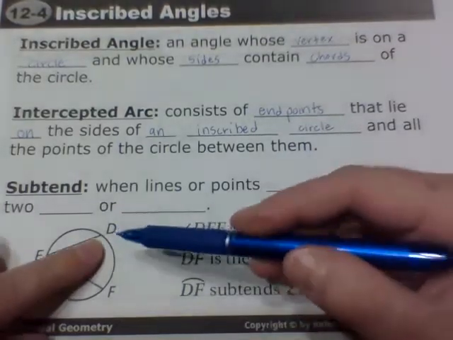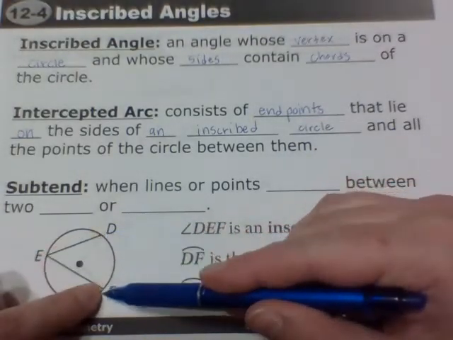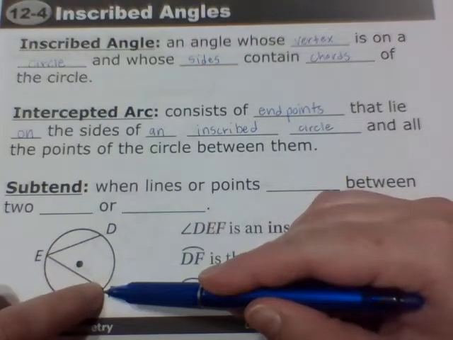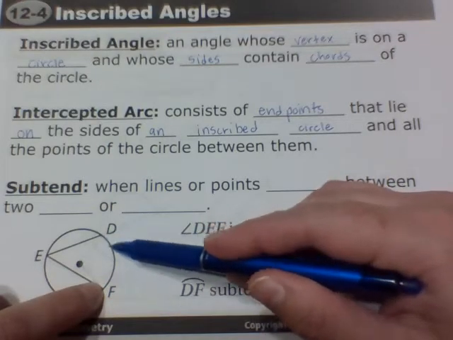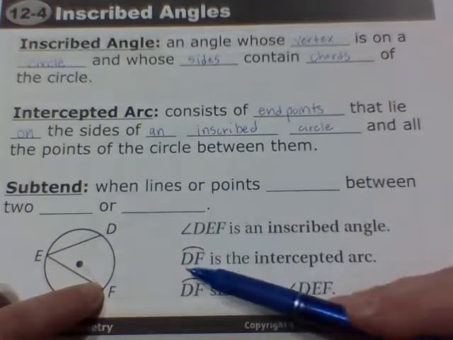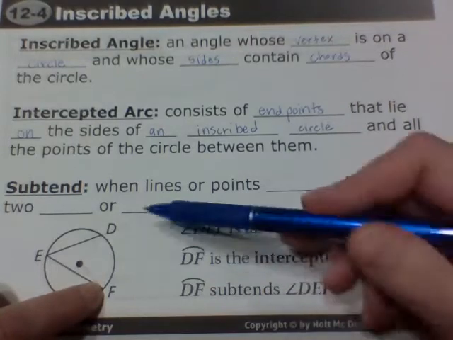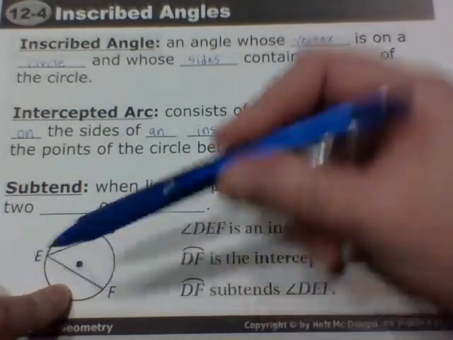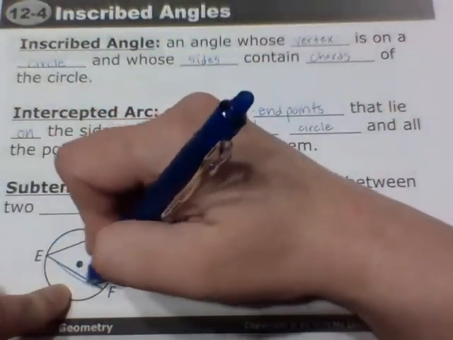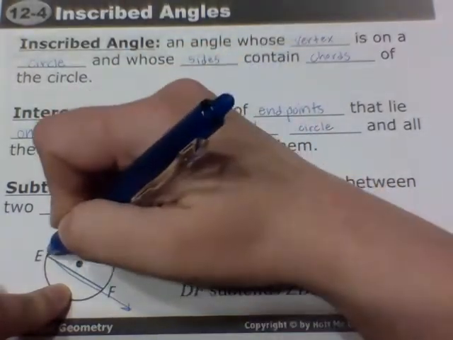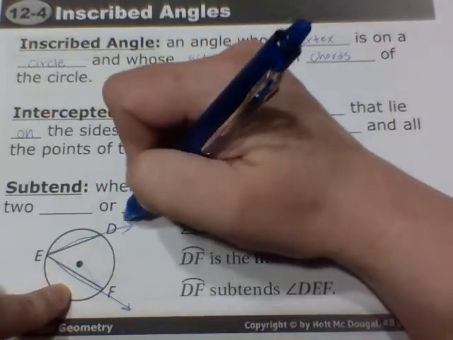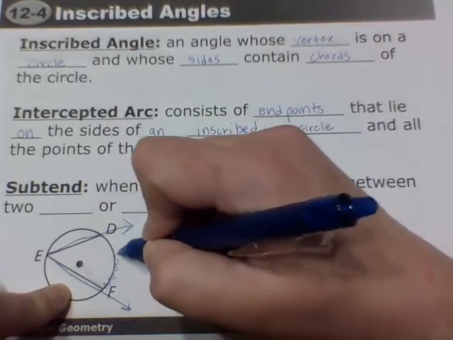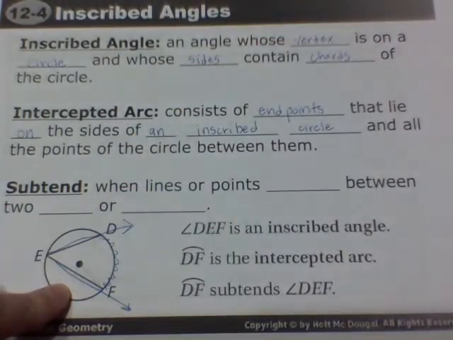So these endpoints, meaning D and F, are part of the intercepted arc, which is arc DF. DF is the intercepted arc because this angle, if you imagine it, kind of cuts into the circle piece right here. So this is the intercepted piece.